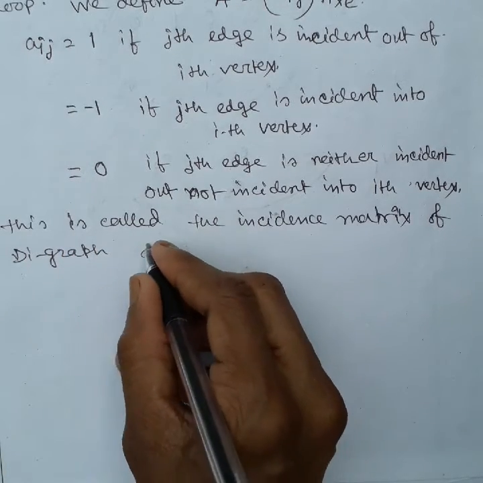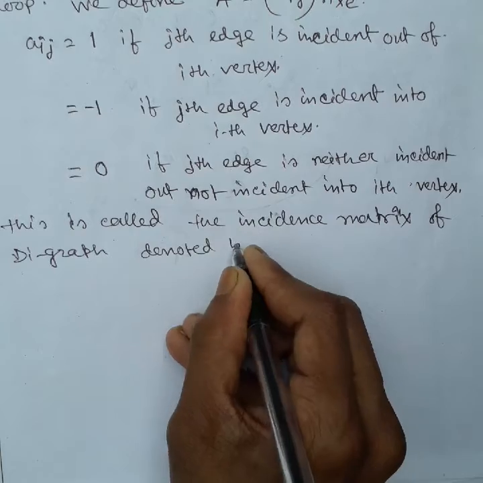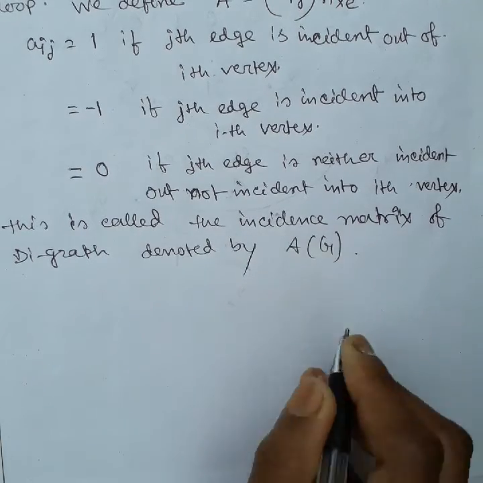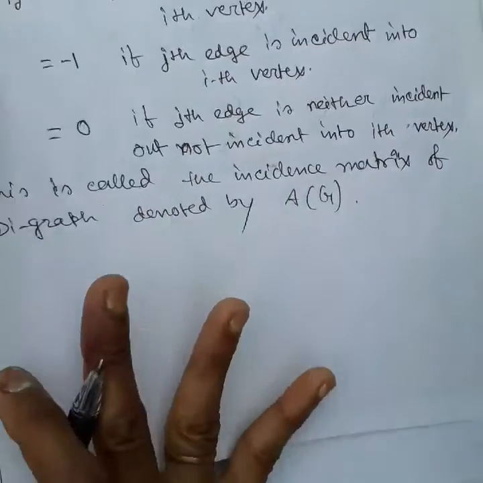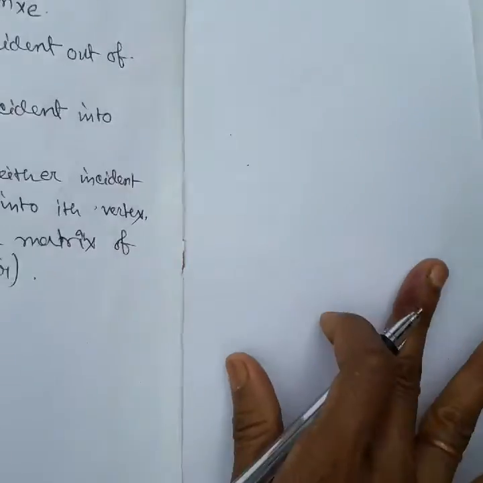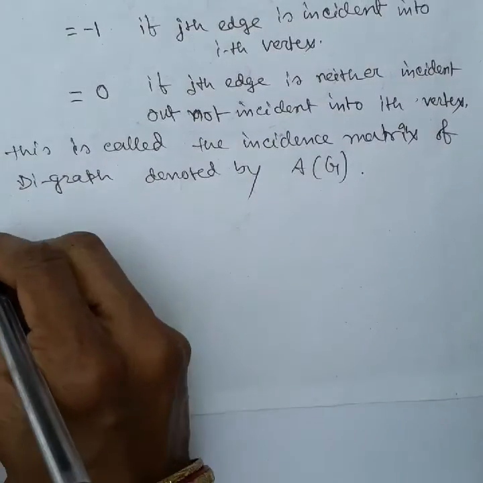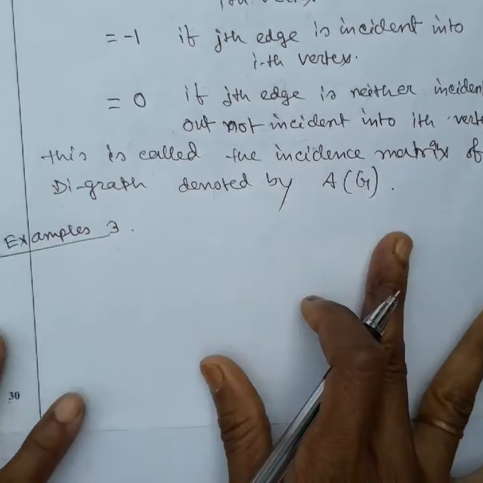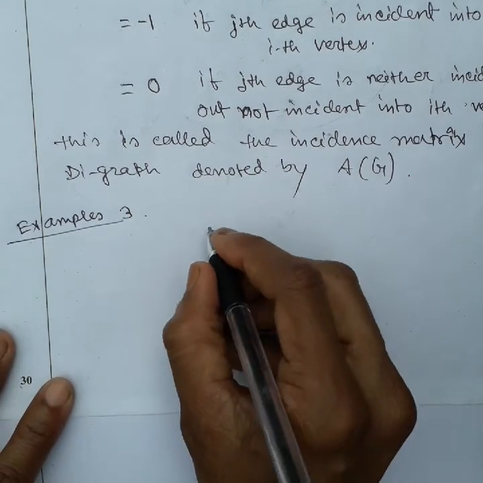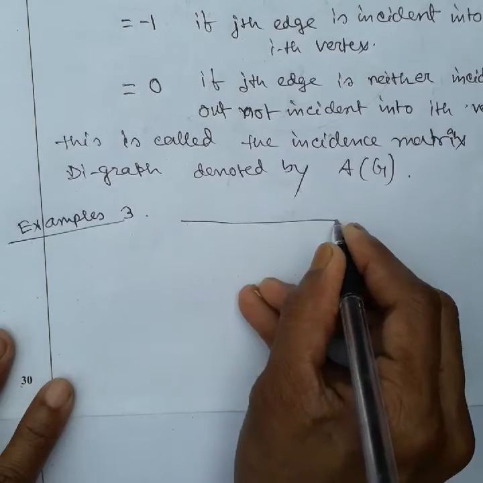It is also denoted by A(G). Okay, so for example, I draw here the graph.